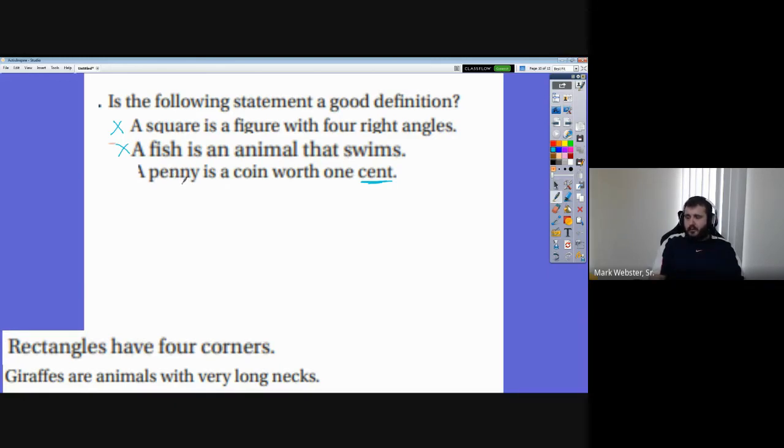Right? We don't have to worry about other countries that have other denominations. Like we don't have to worry about considering the peseta or the ruble or the franc or the euro, because the cent tells us everything that we need to know. So a penny is a coin worth 1 cent. That is a good definition.